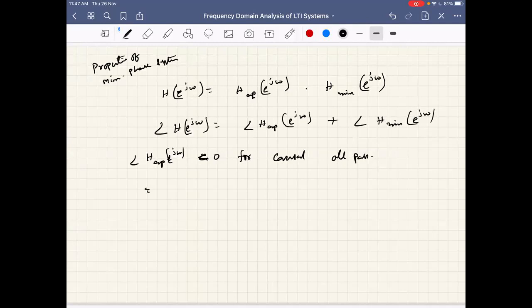It implies that among all these systems having the same magnitude response, that is |H(e^{jω})|, the minimum phase system will have the maximum phase. That means the angle of H_minimum-phase(e^{jω}) is greater than the angle of H(e^{jω}) with the same magnitude response.